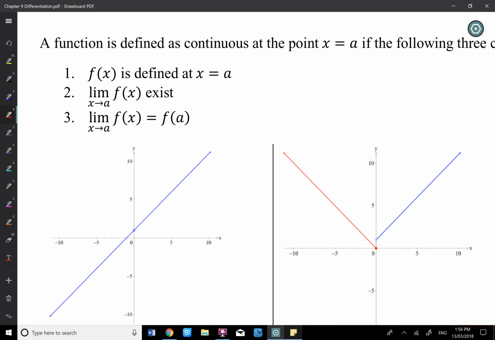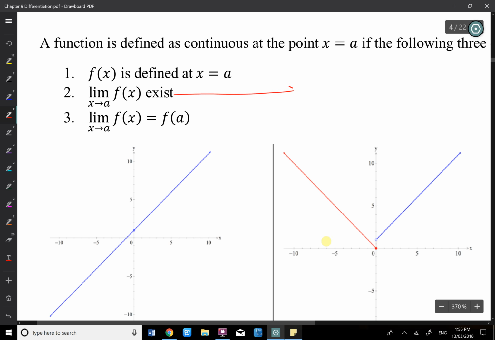The second one is to test whether the limit exists or not. To discuss whether the limit exists, you need to use the 4 lines there. Remember the 4 things we just talked about?